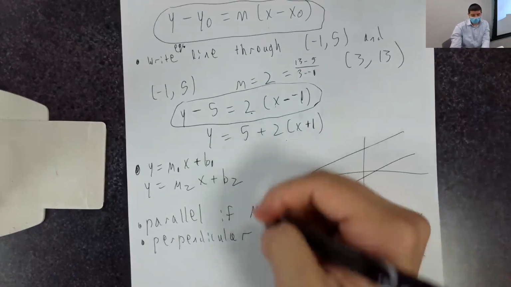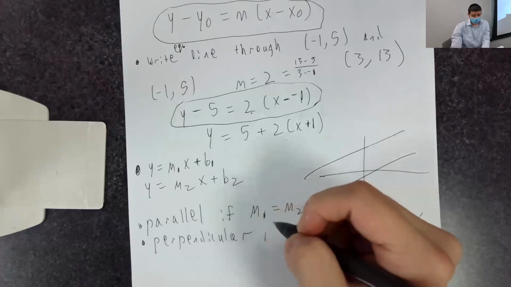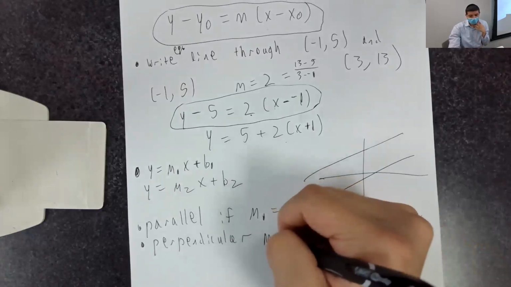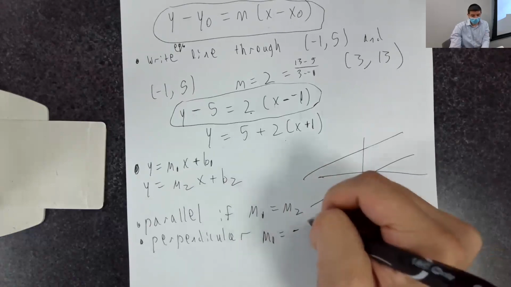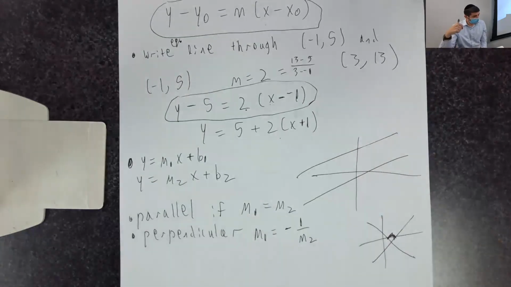If you remember, to be perpendicular you need m1 to be the negative reciprocal of m2. So you have to take the reciprocal of the slope, and then multiply it by a negative sign. As soon as you do that, you'll get perpendicular. So same slope will make it parallel. Negative reciprocal will make it perpendicular.